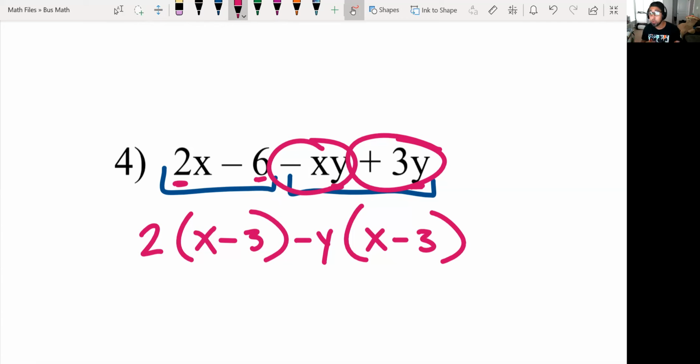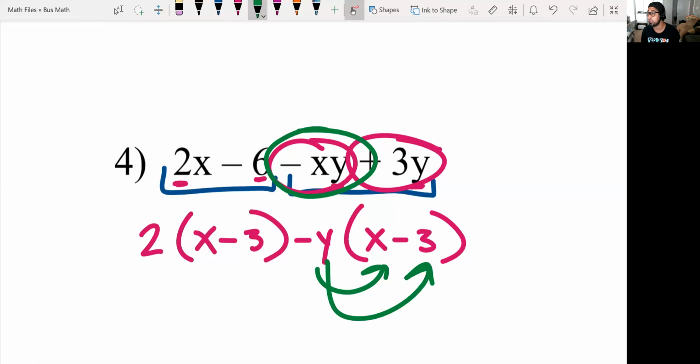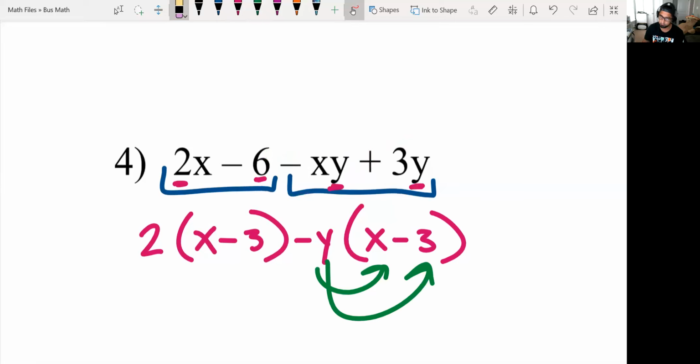And of course, you can check your work from this step. Say, am I on the right track? If you distribute it, negative y times x is negative xy. Negative y times negative 3, negative times negative is positive, giving you that positive 3y. It checks out.